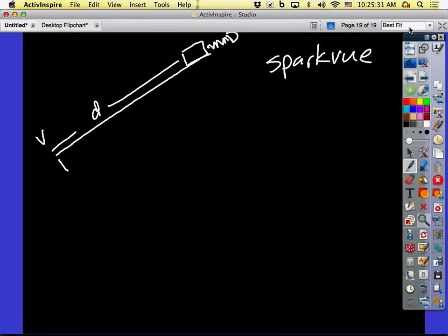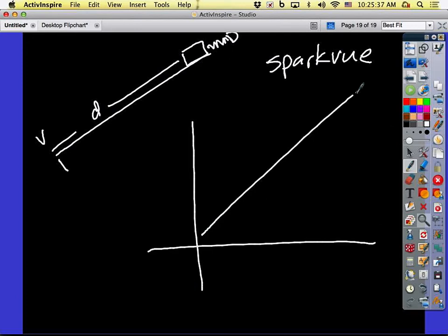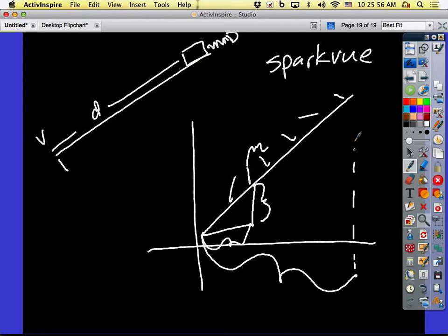If that's not making sense, I'm simply doing something like this. If I have a graph and the graph is constant, the slope of this line is the same at every point, which means if I take this interval here and here, and then I take this interval here and here, do you see the ratio of those intervals should be the same?